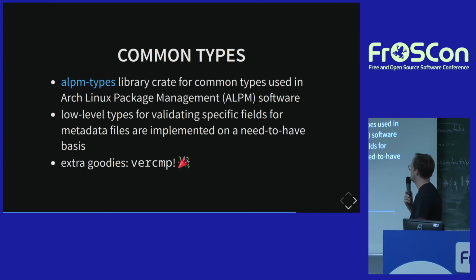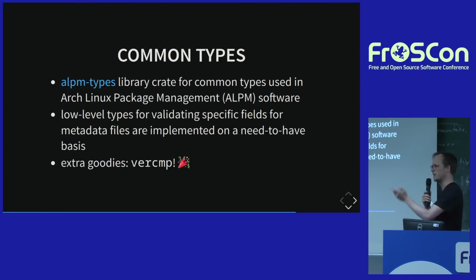So some time ago I started writing ALPM types, which is a library that starts to abstract away some of these types that ALPM software needs, which is short for Arch Linux Package Management. There's also the short in libALPM, in case you know that library.